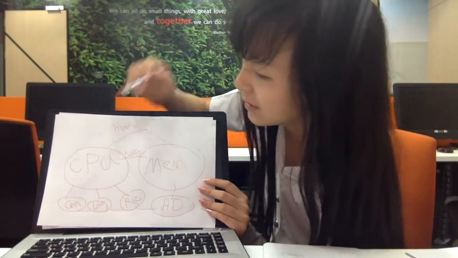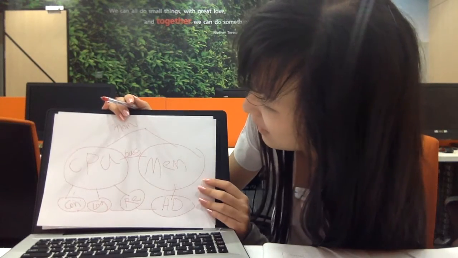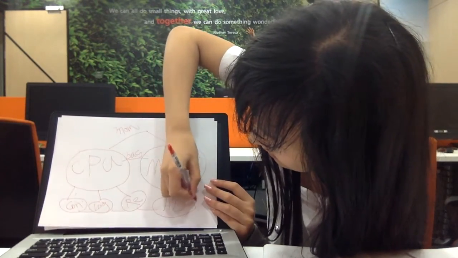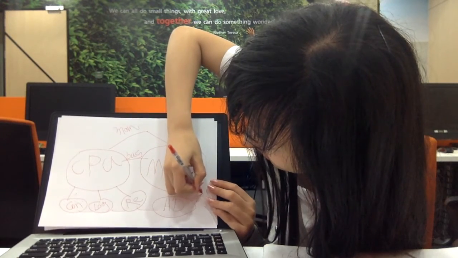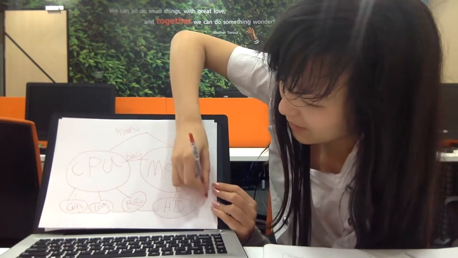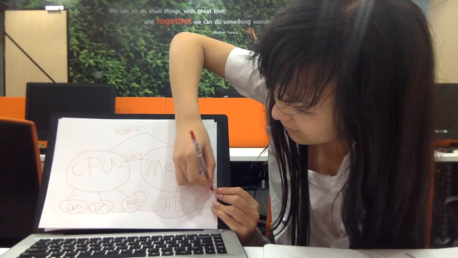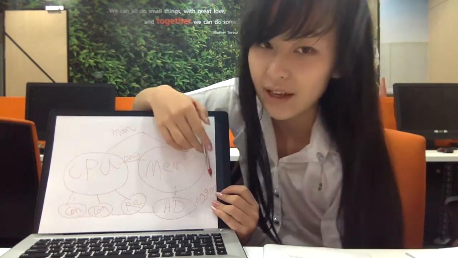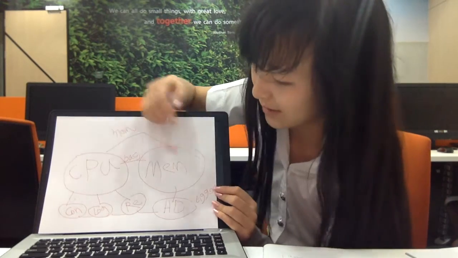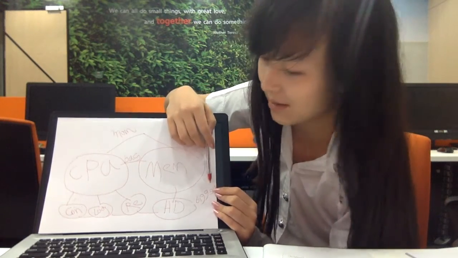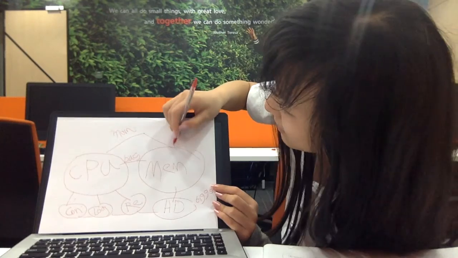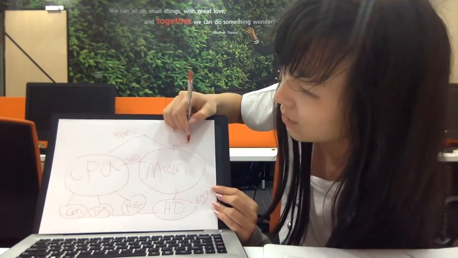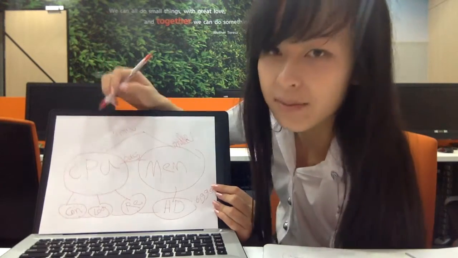For example, the HD is the biggest. They store most of the data here, and the memory is middle, but the CPU is the smallest.